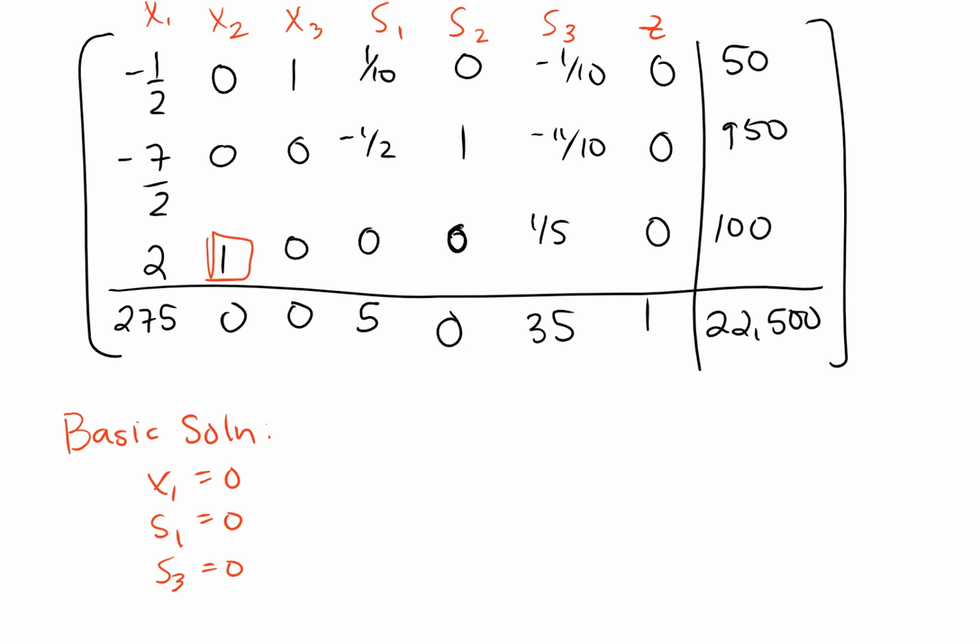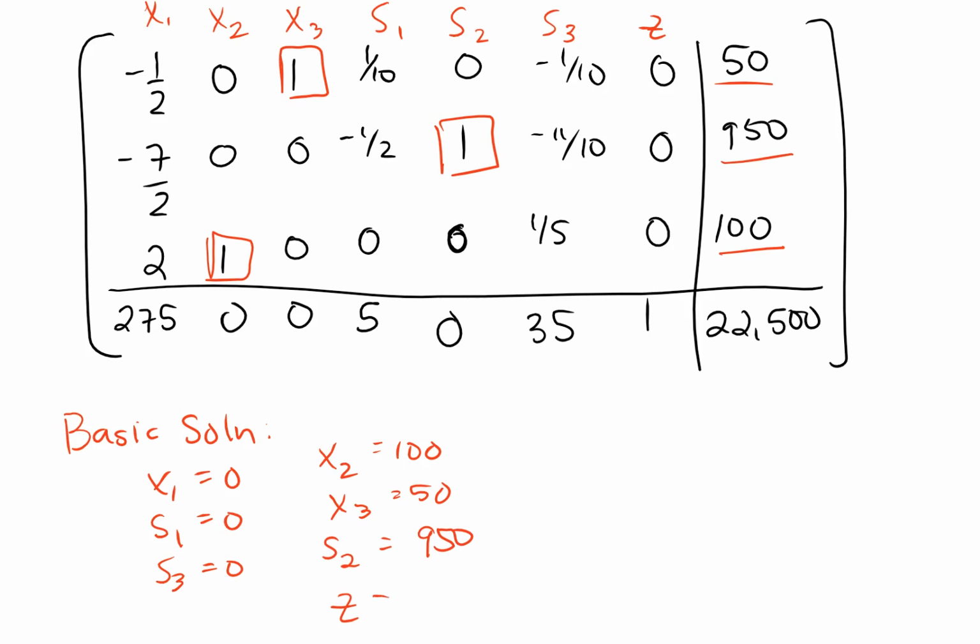So x2 is going to equal 100. x3 would equal 50. And s2 is going to equal 950. And z is going to have a maximum at 22,500.